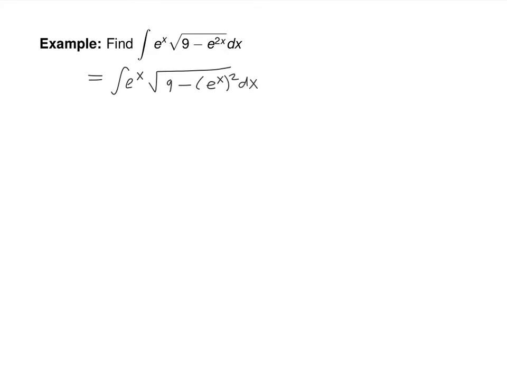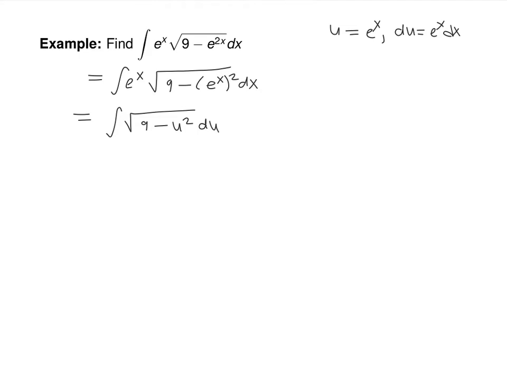So we can start this off, I think, by making a u sub, letting u equal e to the x, du will equal e to the x dx. And that makes this into the integral of root 9 minus u squared du.